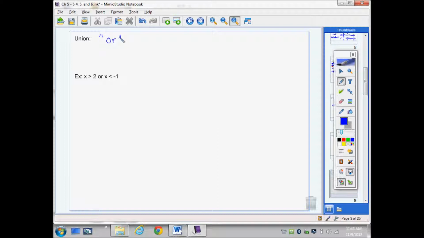So unions are like a combination, combining both graphs into one. Okay, so we're going to unite the graphs and make them one.